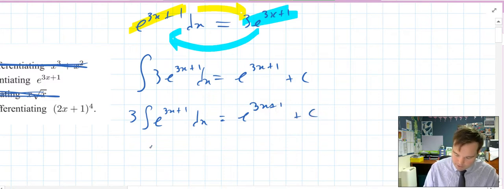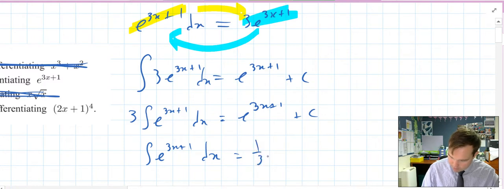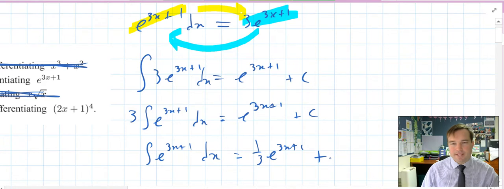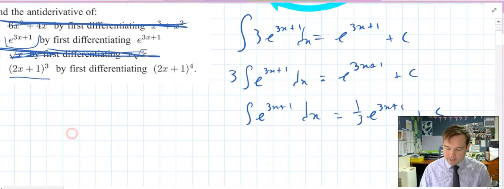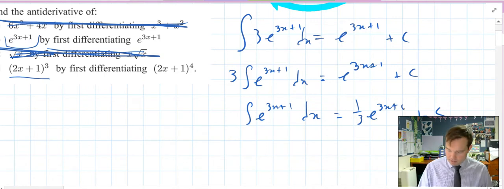So the integral of e to the 3x plus 1 dx is equal to a third e to the 3x plus 1 plus, what we could write as c on 3, but that's a little bit silly because a constant divided by a constant still gives us another constant. So by convention, we just leave it as plus c. So the integral of e to the 3x plus 1 dx is equal to a third e to the 3x plus 1 plus c.